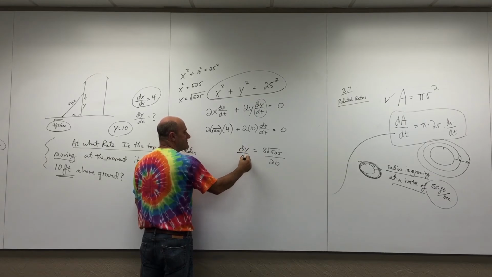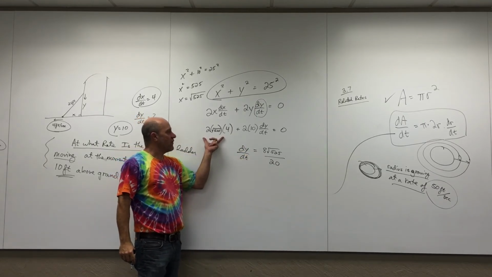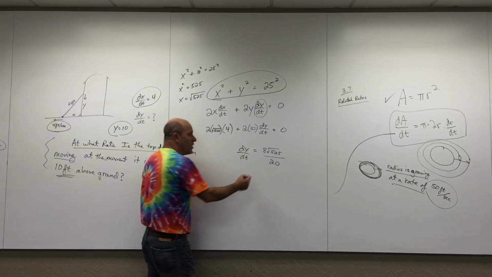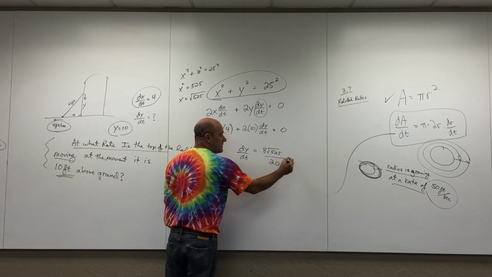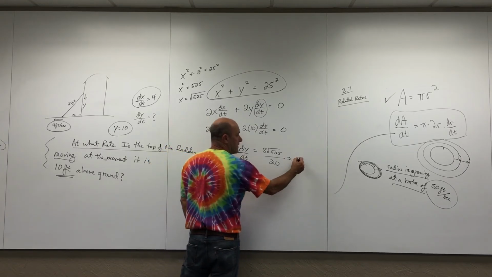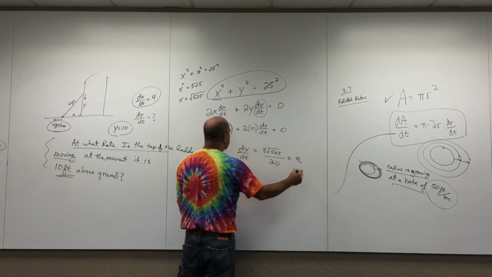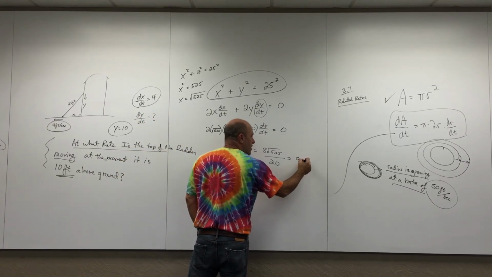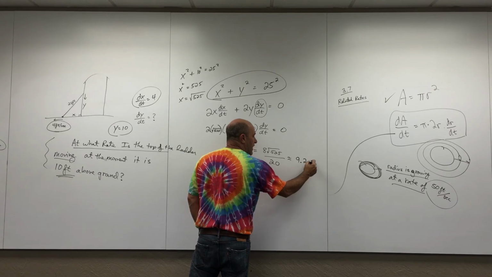No. Okay, good, I hope not. I moved this stuff over and I divided by 20. And that's my answer. Go ahead and make it a decimal. What is it? 9.16? I'll call it 9.2 feet per second.